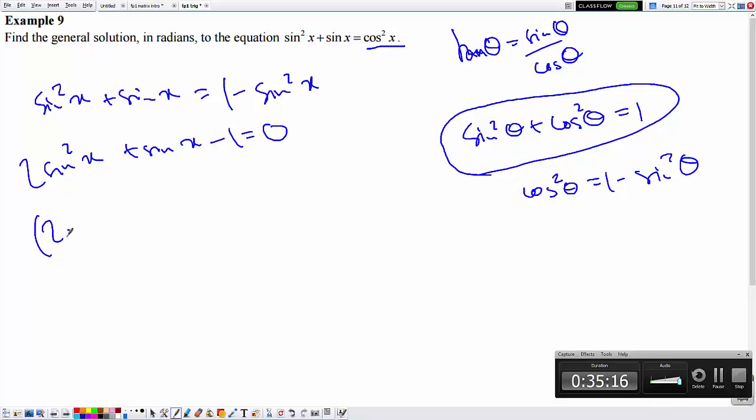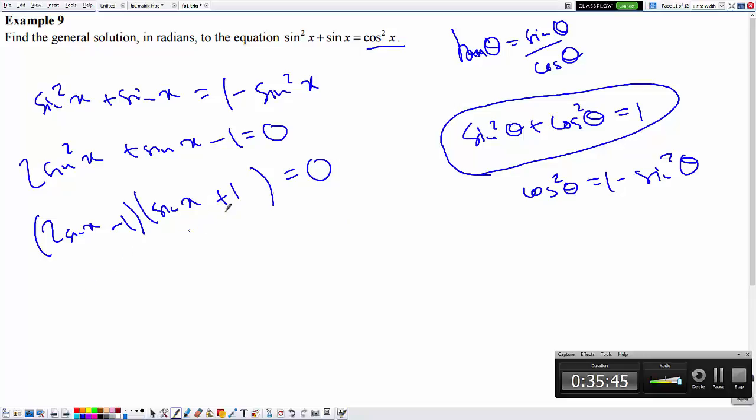So 2 sine x, and to get a minus 1, it has to be 1 times minus 1. Well, I want 1 lot of sine x, so I need 2 lots of minus 1 lot of this. So I'll put 1 here and a minus 1 here. You can factorize it out and you'll see it is the same. This is 2 sine squared x plus 2 sine x minus sine x, which is just 1 sine x, minus 1 equals 0.